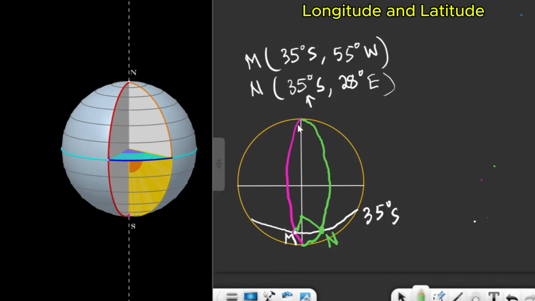So this is north, this is south, this is east, and this is west. So guys, we've been able to identify the positions of these 2 points M and N. In our next video, we are going to do more. We'll look at positions and the distances apart between these 2 points.